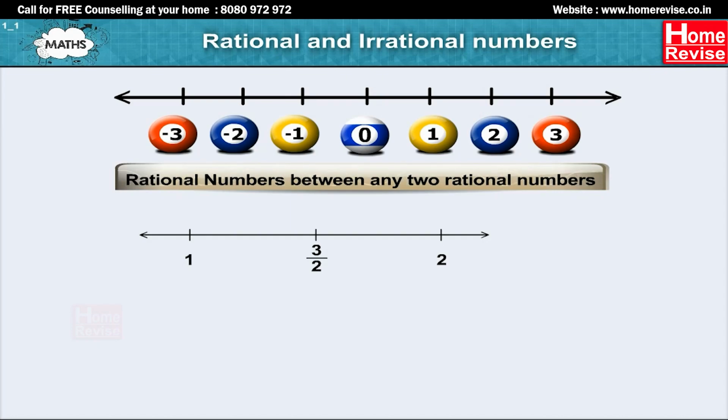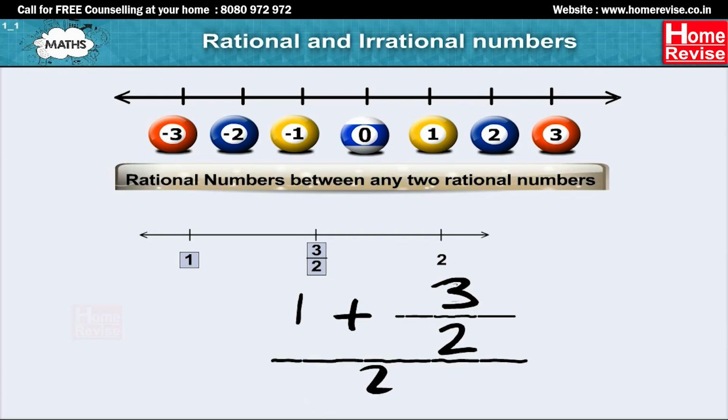Next, we will try and find a rational number between 1 and 3 upon 2. So what do we do? We again add 1 to 3 upon 2 and divide by 2. And we get 5 upon 4.